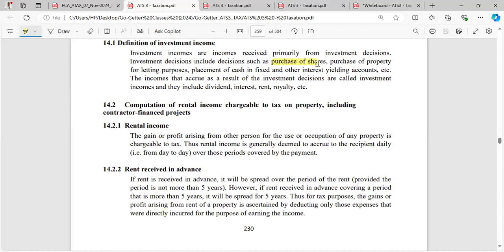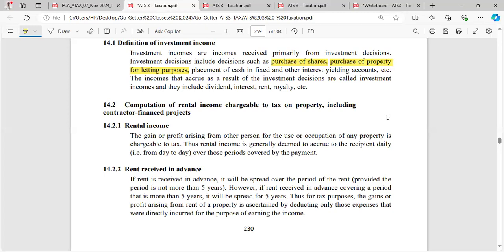What are some of the investment decisions that someone can take? You can purchase shares. For example, GT Bank is currently selling their shares, and when you buy these shares, you become a shareholder. And so, when GT Bank pays dividends, that becomes an income for you. You can purchase property for letting purposes, meaning that you purchase a property and you want to generate income with it.